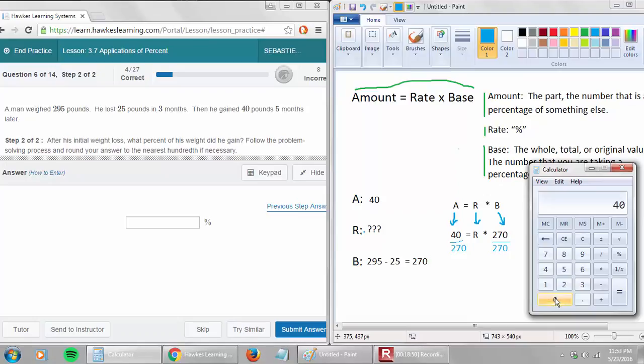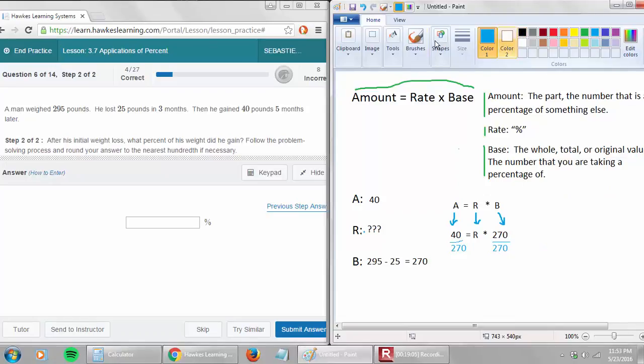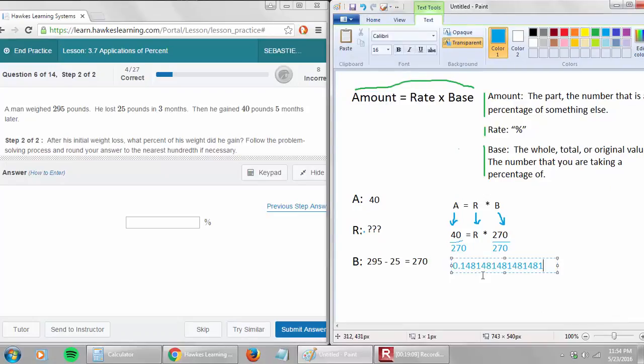It'll take forever. 40 divided by 270. And that gives me this horrible decimal, 0.148148, and those 148s pretty much keep on going forever. That repeating decimal will go on forever.